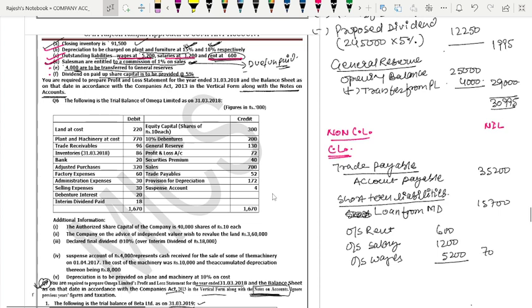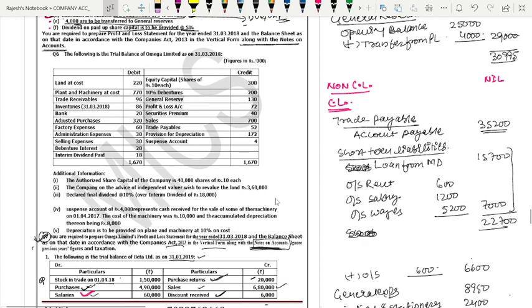Total 7,000. These two you have to total separately: 22,700. Then short term provisions. Short term provision is also there. You just write down the short term provisions.